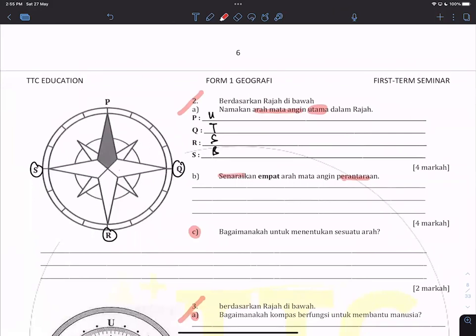So senaraikan for the 4 arah mata angin perantaraan, we have timur laut, comma, and then we have tenggara. Okay, make sure your spelling is correct, guys. And then we have the barat daya, dan barat laut.